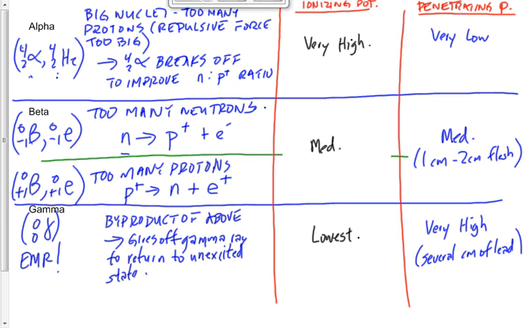So beta particles could certainly get into you further than alpha particles, but certainly not like gamma rays. So there's a flip side to everything, right? You got a high ionizing potential, you got a low penetrating power. You got a low penetrating power, you got a high ionizing potential. Make sense?